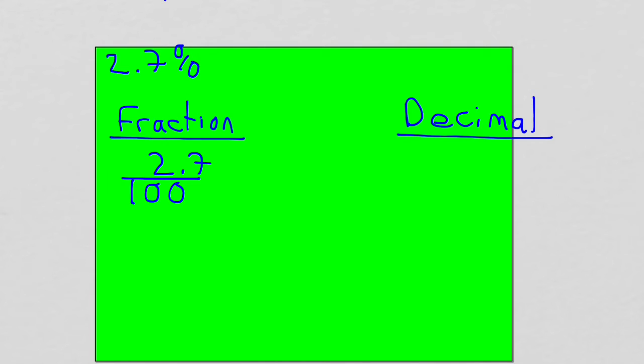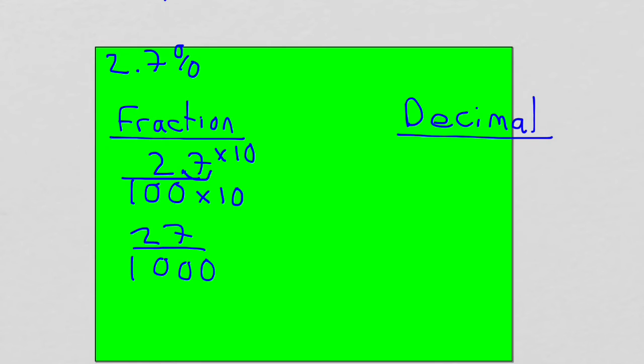We want that decimal to move 1 to the right so that we have a whole number. And the way we do that is by multiplying by 10, and that'll move the decimal 1 to the right, just as long as we multiply the bottom by 10 too. And that's going to give you 27 over 1,000. And it's our lucky day, that's in lowest terms.